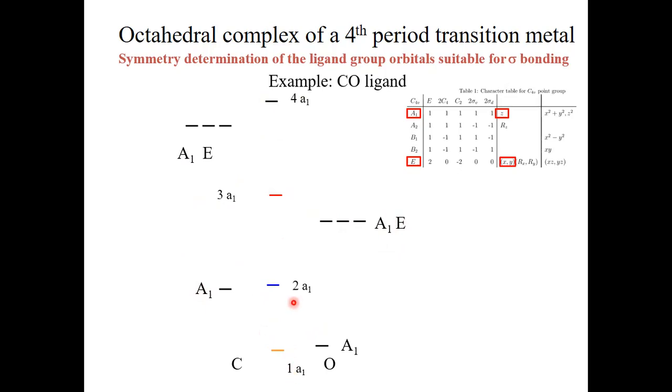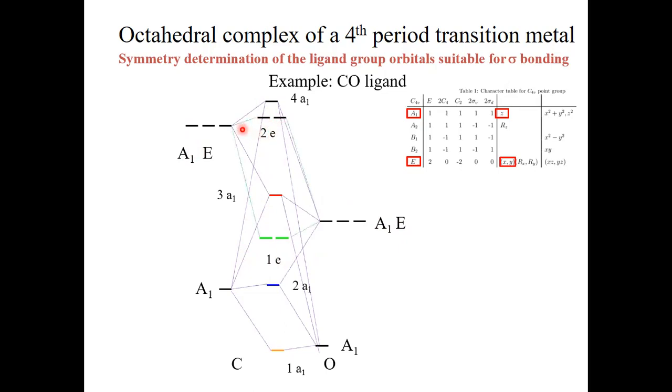So this would be the 1A1, 2A1, 3A1, 4A1. And then you still need to connect the E orbitals. So you have 2 here and 2 here. So that should give a bonding pair and an antibonding pair. So this would be the 1E. This one here would be 2E. You would also connect them.